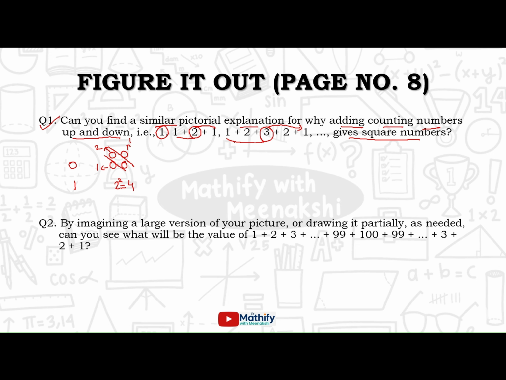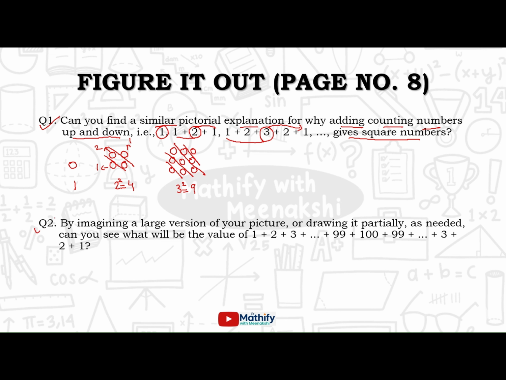Then we have the highest number as 3: 1, 2, 3, 1, 2, 3, and then 1, 2, 3. It's 3 square, that's 9. Now how can I represent that as counting up and down? 1 plus 2 plus 3 plus 2 plus 1. So this represents your square numbers.